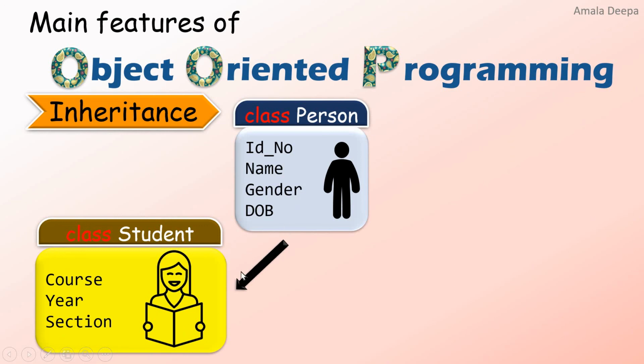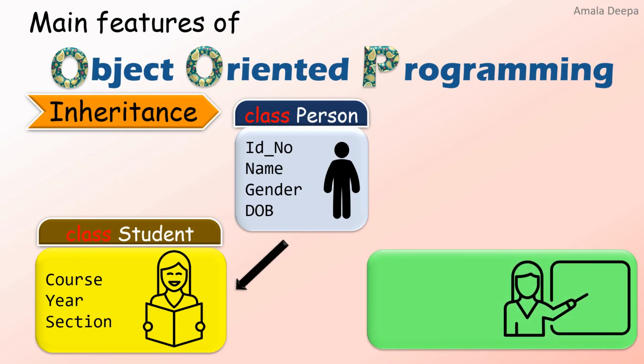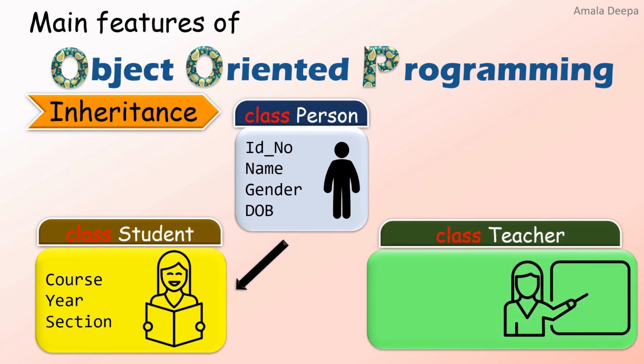Therefore, by inheritance, we can avoid unnecessary repetition of attributes. In the same way, to create a new template for a teacher object, and since a teacher is also a person who has ID number, name, gender, and date of birth, I just perform inheritance from class person to class teacher, and then I define only the additional attributes needed for a teacher, such as qualification, subject, and classes.